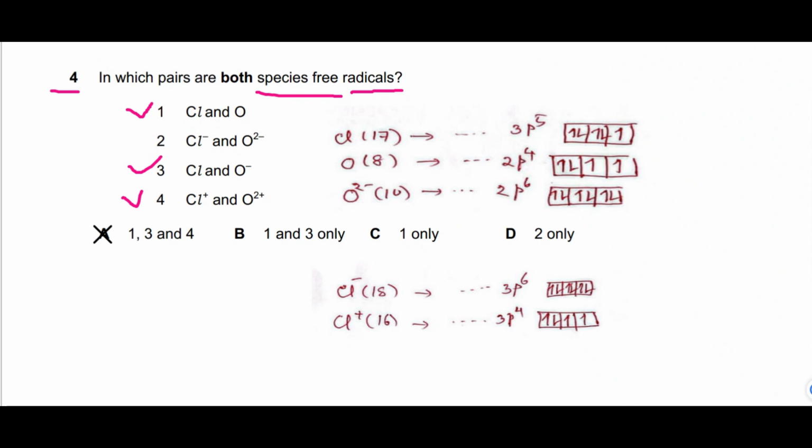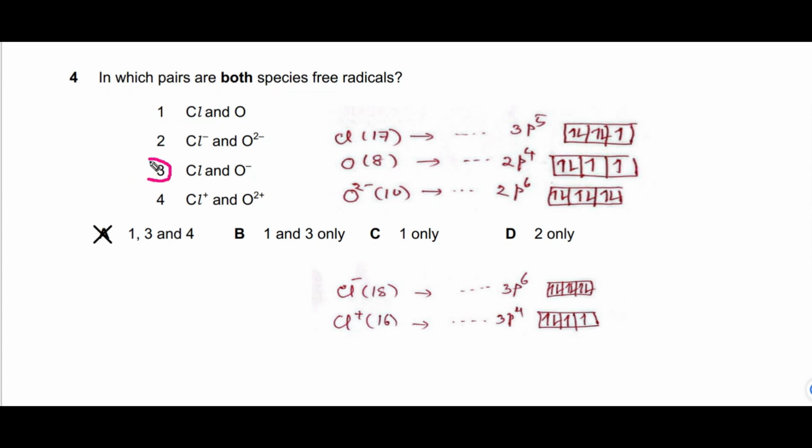You see chlorine 17, 3p5, so 1 unpaired electron, and oxygen 8, 1s2 2s2 2p4, so there are 2 unpaired electrons. So chlorine and oxygen can work as free radicals.